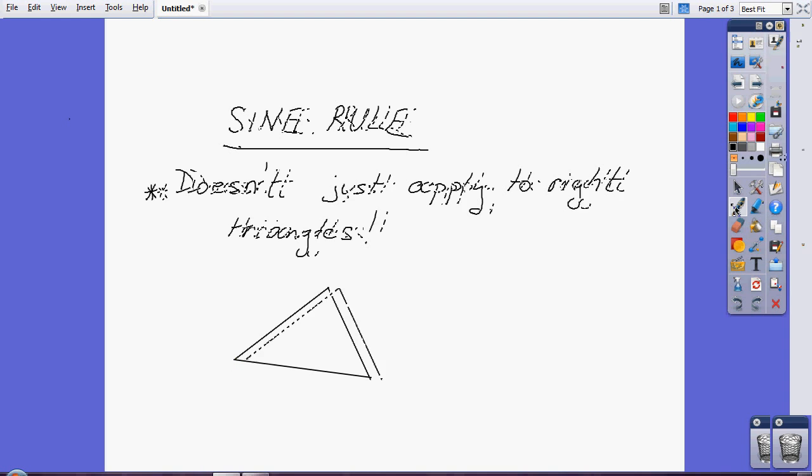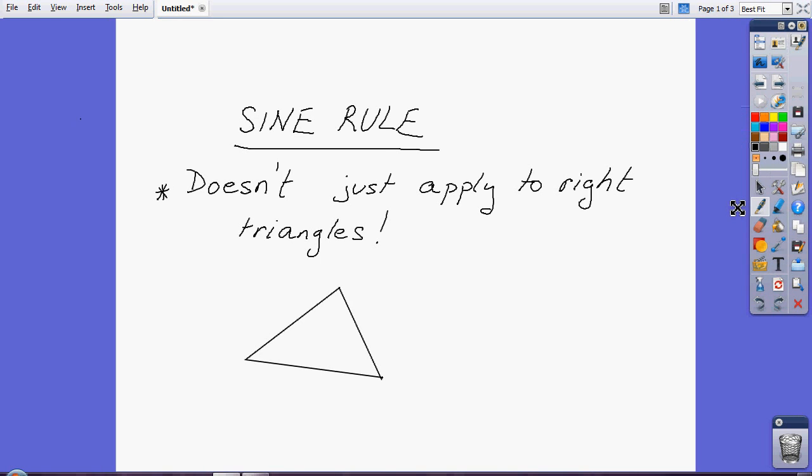And we'll label some of the angles and sides. Now if I call this angle up the top here angle A, and this angle angle B, and this angle angle C, we can label the opposite sides as follows. The side opposite angle A we'll call side small a. The side opposite angle B we'll call small b, and similarly the side opposite angle C we'll call small c.